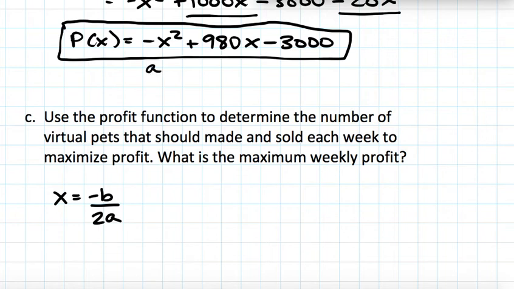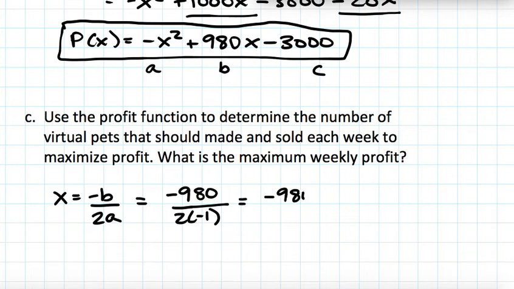So my a here is negative 1, my b is 980, my c is negative 3000. So I'm going to plug in 980 for b, negative 1 for a. Now I have negative divided by negative here, which is going to give me a positive number.